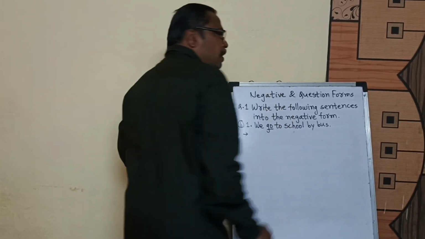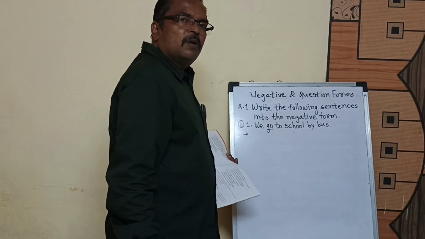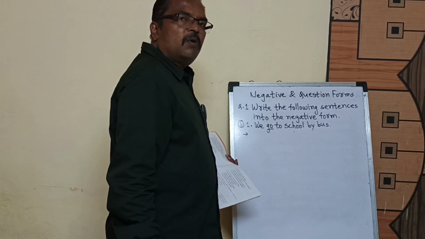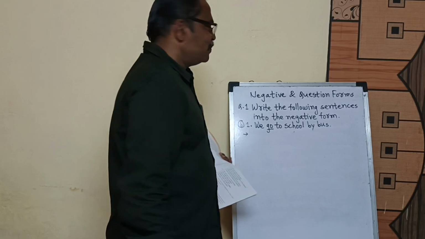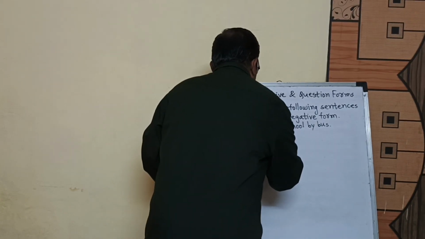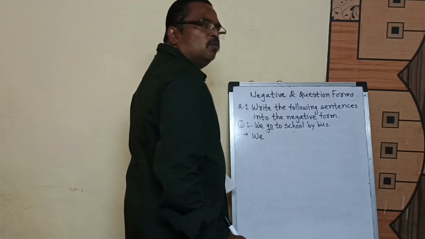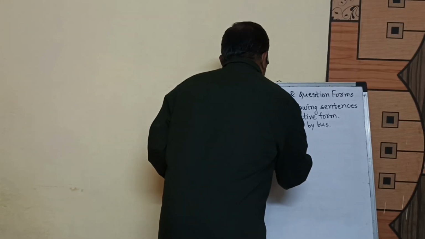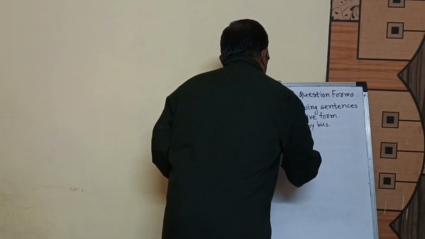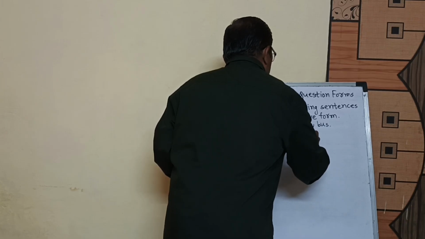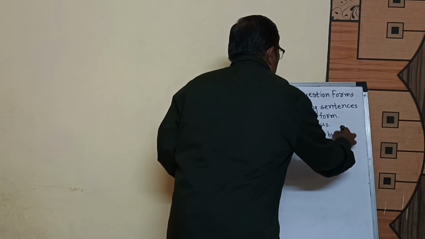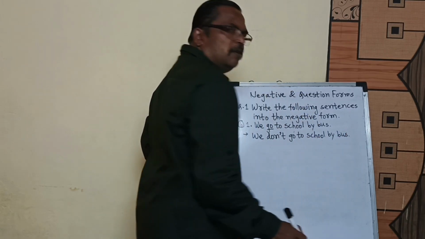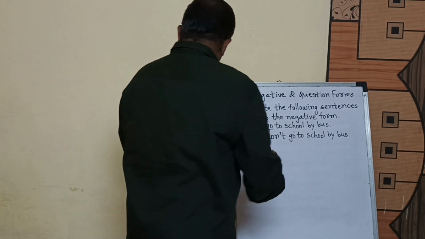So we must make use of the auxiliary verb form of to do, that is do, and the negative form of do is don't. We don't go to school by bus. Yes.